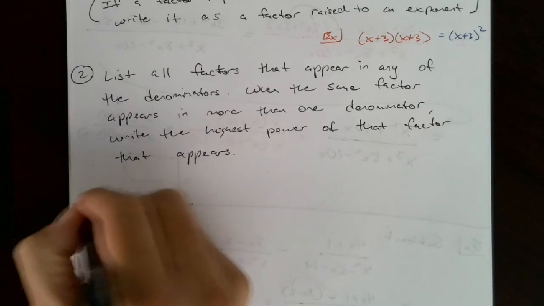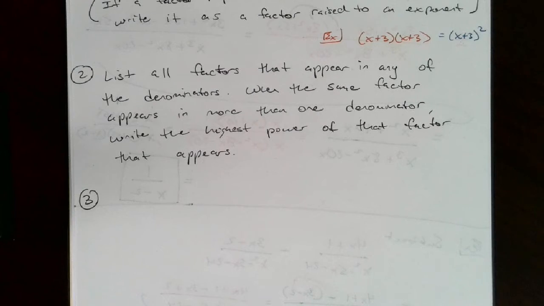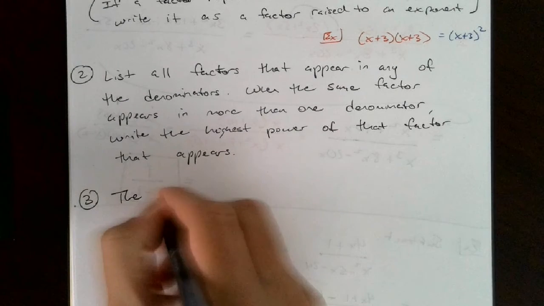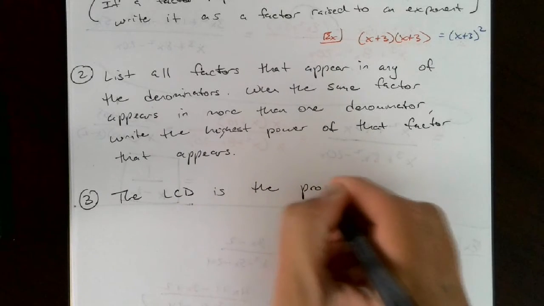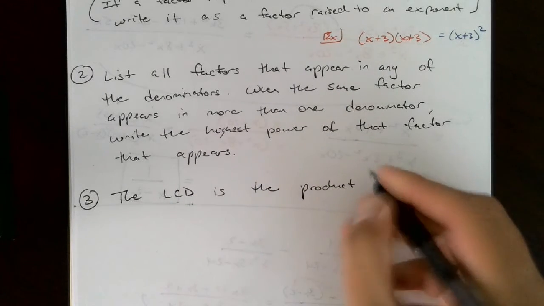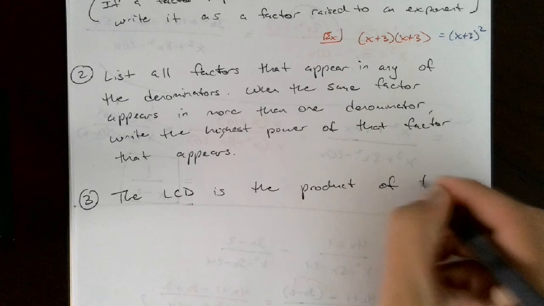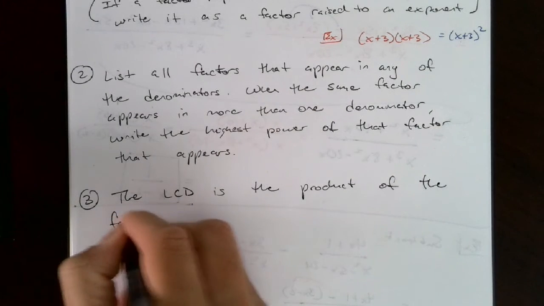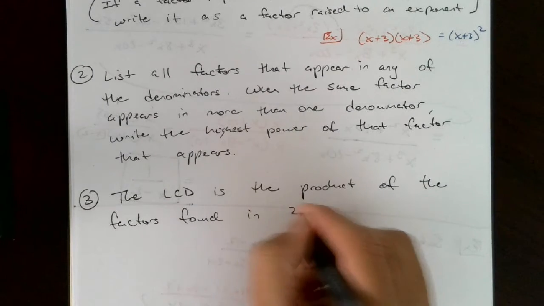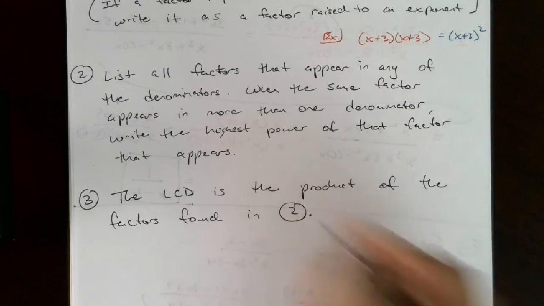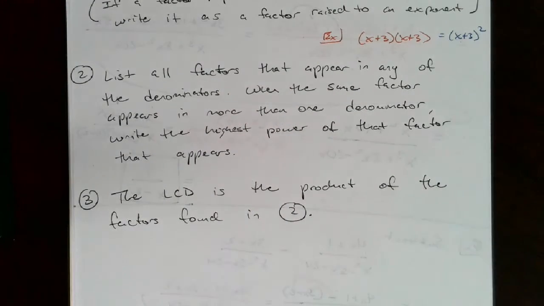And then, step 3, if you list these properly, then you already have it. The LCD is the product of the factors found in step 2. So if you've listed all these factors next to each other, the LCD will be that product, meaning multiplication.